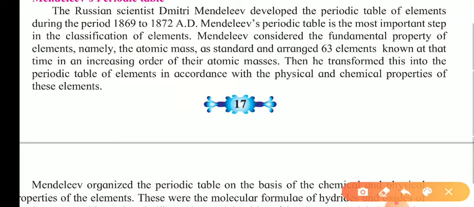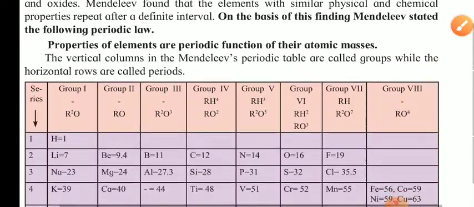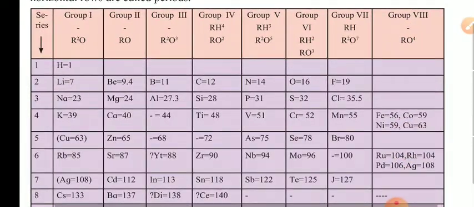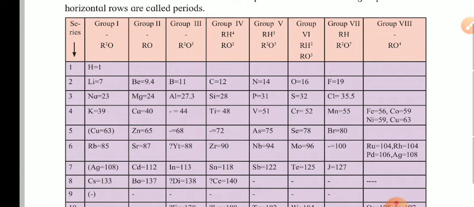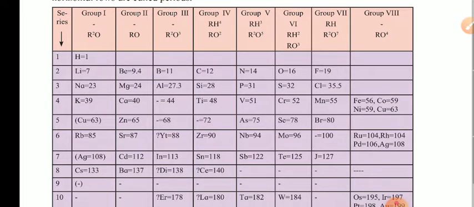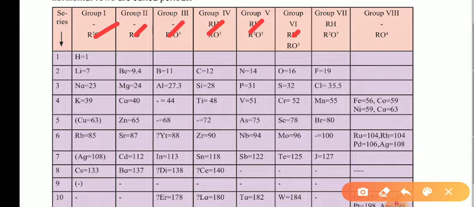At the time of classification done by Mendeleev, almost around 63 elements he arranged in a proper table. You can see over here the table is given: group 1, 2, 3, 4, 5, 6, 7 and 8. 8 groups he made, and he classified again on the basis of their masses.